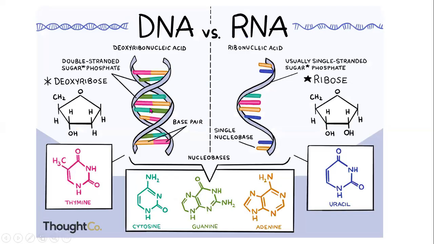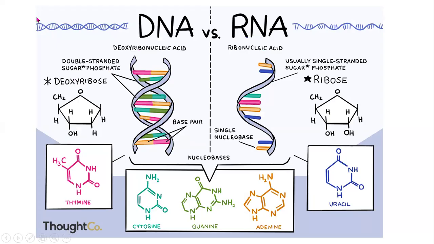Now, let's look at the difference between DNA and RNA. In DNA, you have a double-stranded sugar phosphate backbone, and the pentose sugar in DNA is deoxyribose.